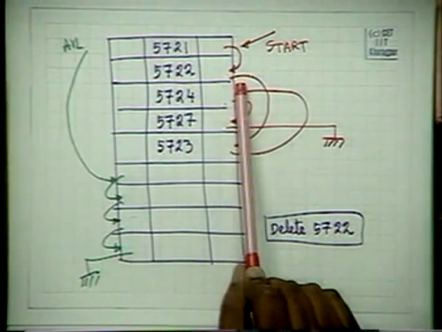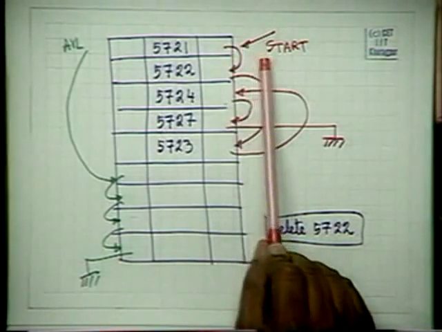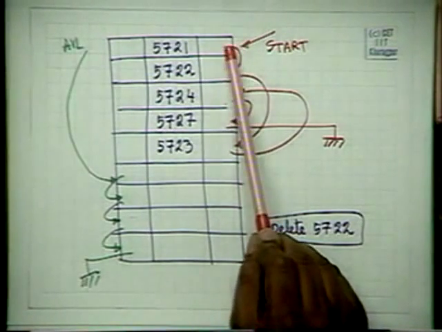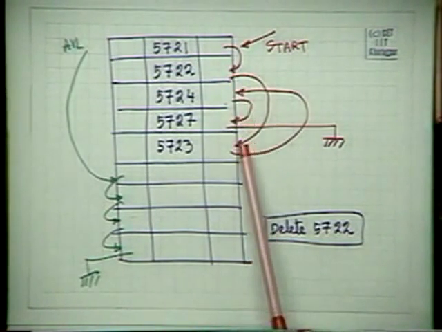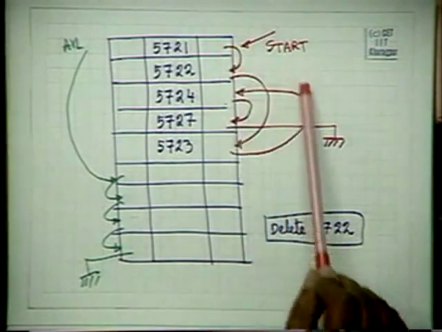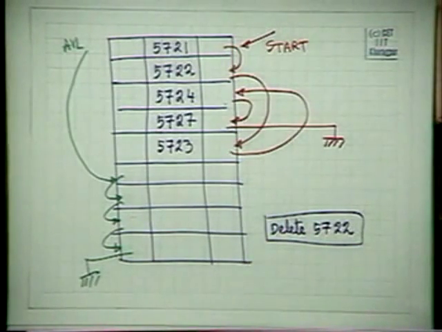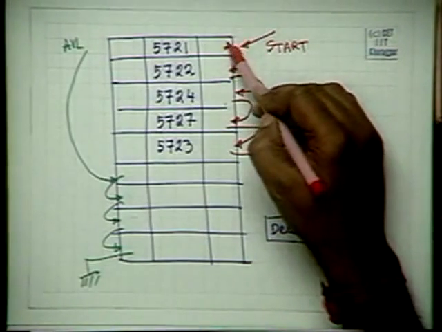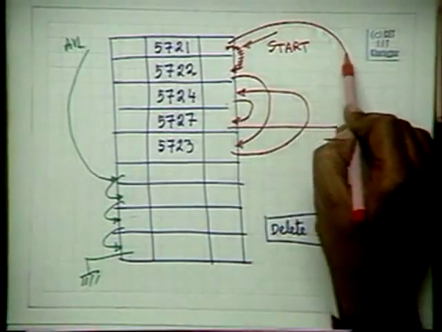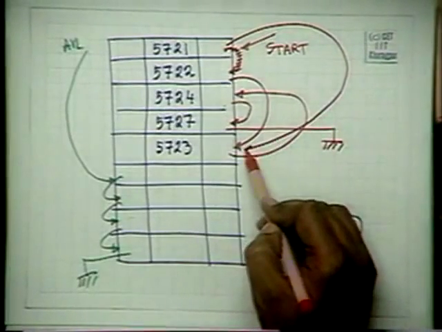So my steps are, this will now point to the next one. So 5721 will point to where 5722 was pointing to. 5722 was pointing here, so this pointer will now point here. This one will point here.